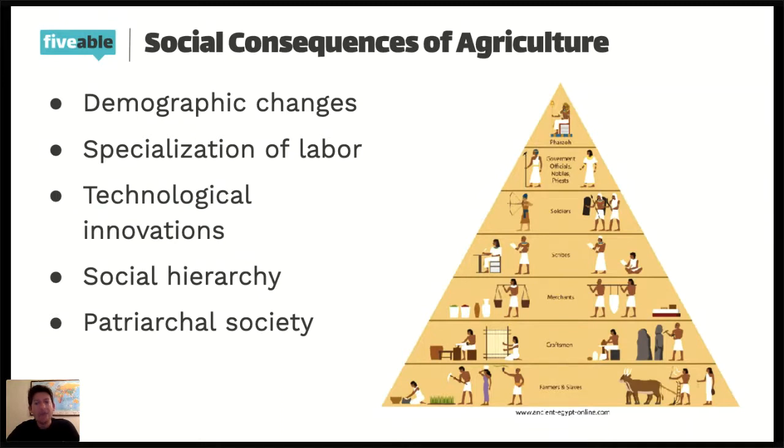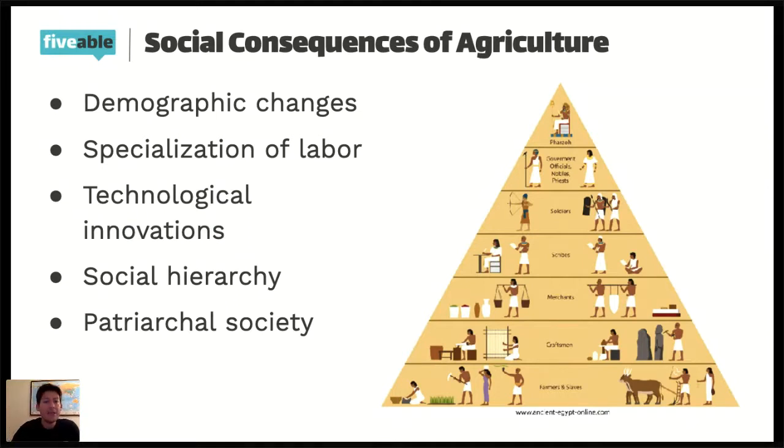A lot of those developments are made possible because of that specialization of labor that comes when humans start producing more food than we need. If you're not constantly thinking about where your next meal comes from or where you need to move to get it, you have a lot of time to do some other things. And so we see that technological innovation begin to happen and puts us on the path, of course, to today.